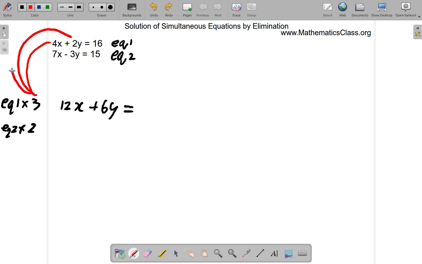Then the 3 multiplied by the 16: 3 times 6 is 18, bring down the 8, carry 1, 3 times 1 is 3, and 1 is 4, giving us 48. Good. Let's call this equation 3, since it's the third equation that we have here.